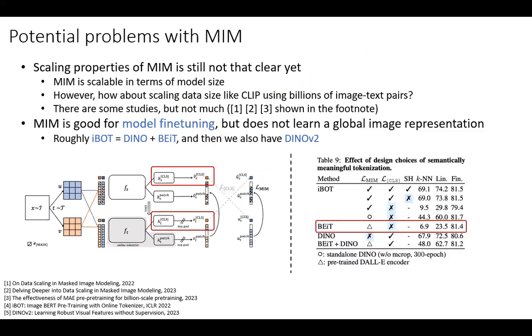In the paper they show that BEiT itself cannot learn a global image representation, right? As you can see, in the red box, the linear probe performance is actually quite low. But if you look at the left, if you try to enforce pushing information inside the CLS token, then the model can learn global information.